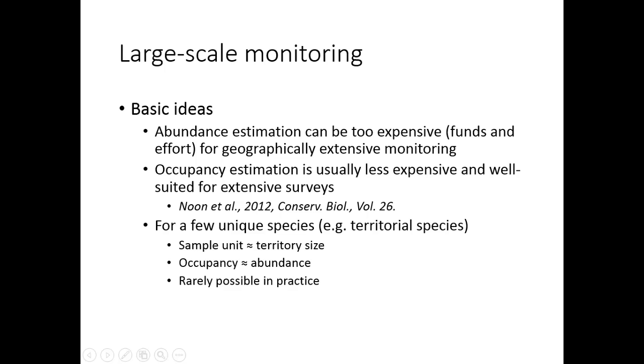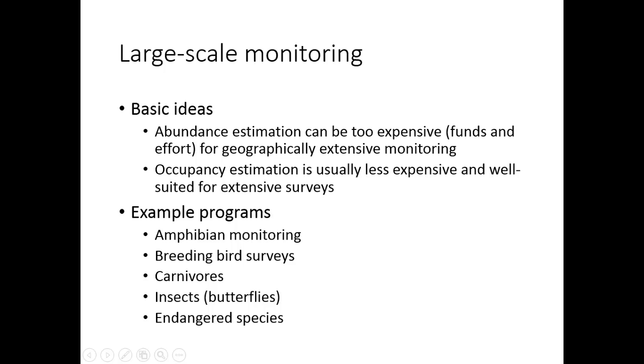And for some territorial species, if the sampling unit is approximately the size of the territory, then occupancy is approximately equal to abundance. However, this is rarely possible in practice. Example monitoring programs include amphibian monitoring, breeding bird surveys, carnivores, insects, and endangered species.